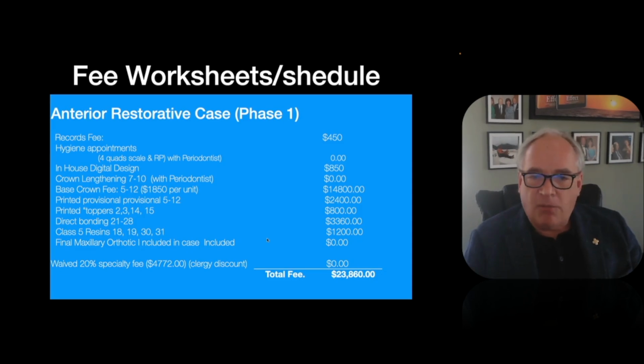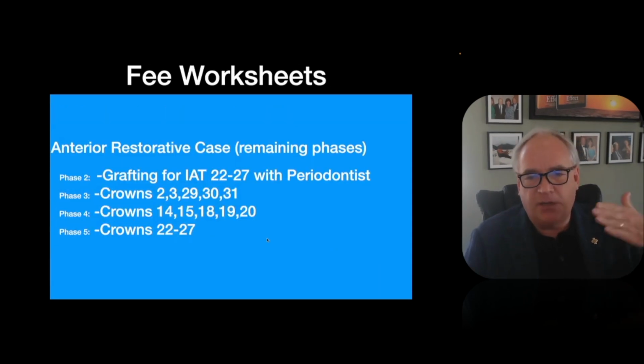All right. Now, what's remaining here, which he can do year by year, is next year we'll do some grafting with the periodontist 22 through 27. Then we'll do the crowns on the right side, the crowns on the left side, and then we'll come on the posterior, and then we'll come across the front.